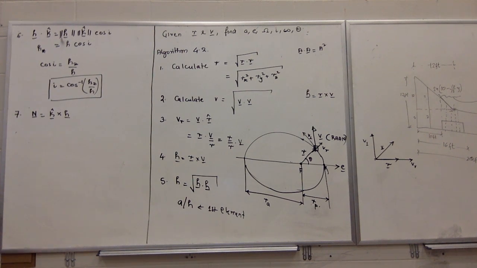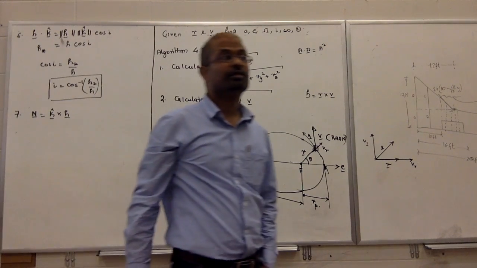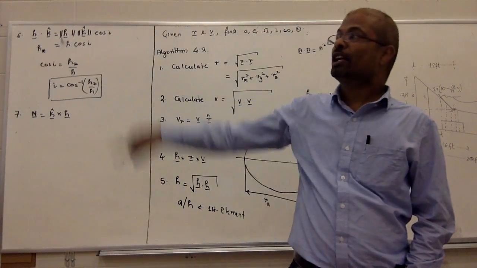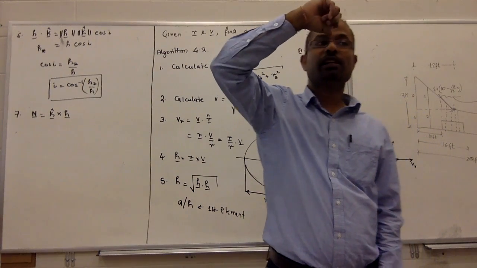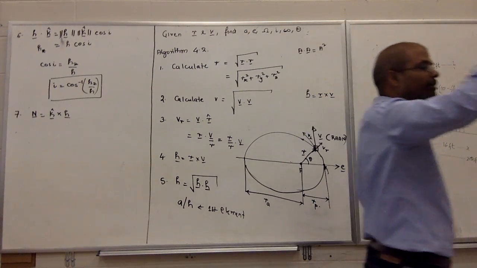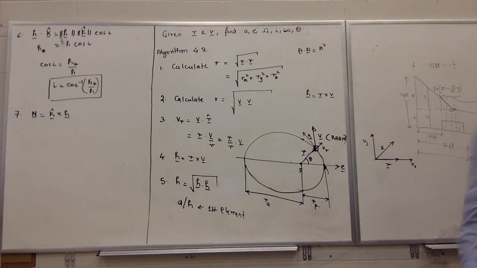It appears that H and N are on the same plane, or they're not. Where is N? What plane is N? Equatorial plane. So it appears to be on the equatorial plane. What is the N direction?